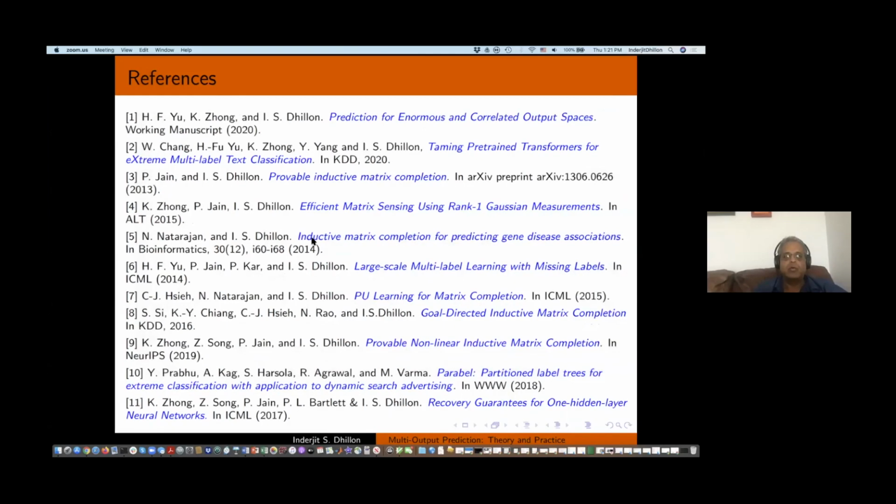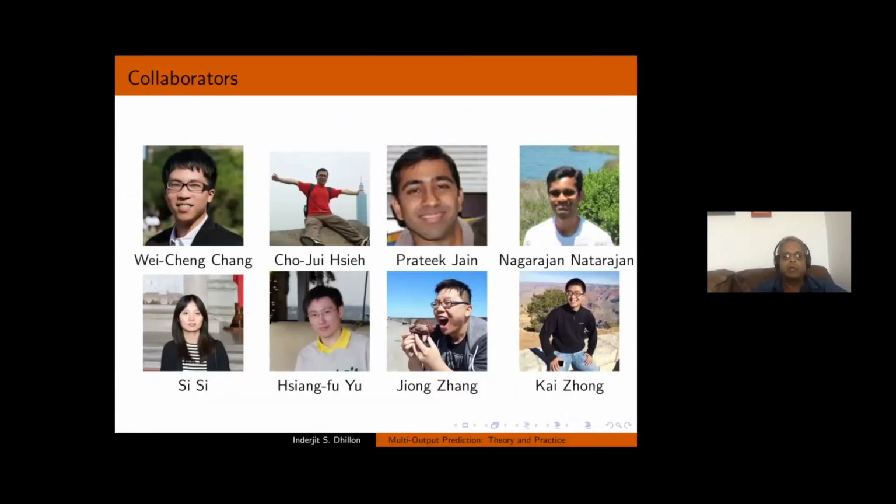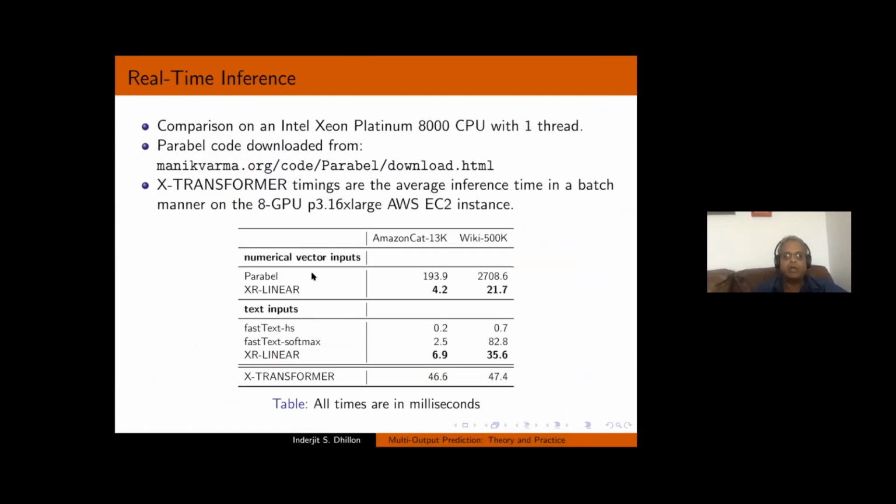Okay, so let me go back. Yes, the answer is yes. For example, the X transformer timings are the average inference time. If you look over here, this is an 8 GPU machine, so the comparison is really not fair between these numbers and these numbers. I just put it there for a sense of what the latency is like.